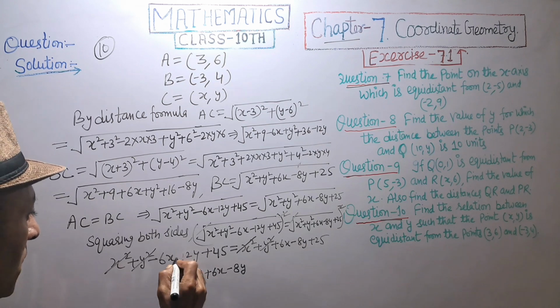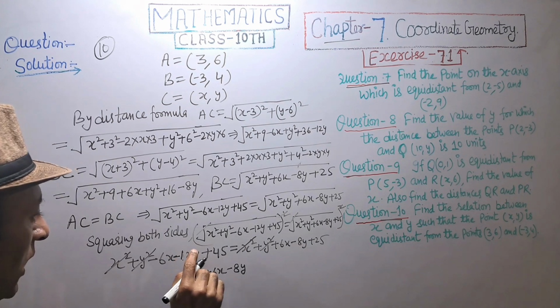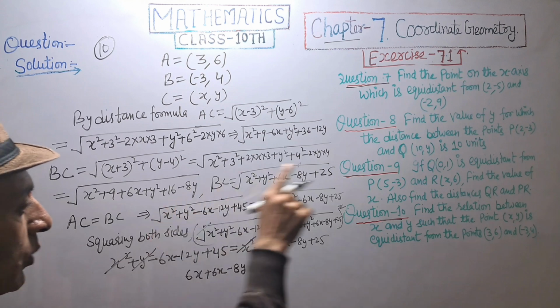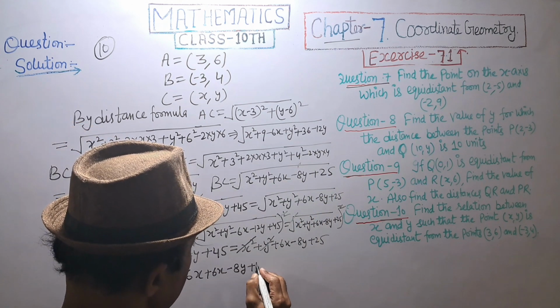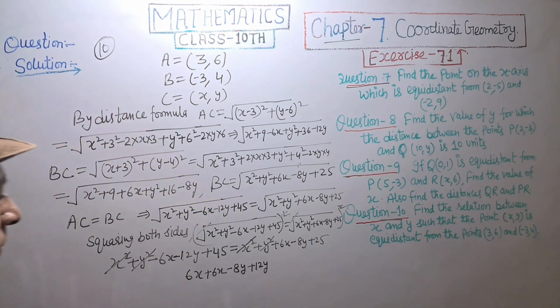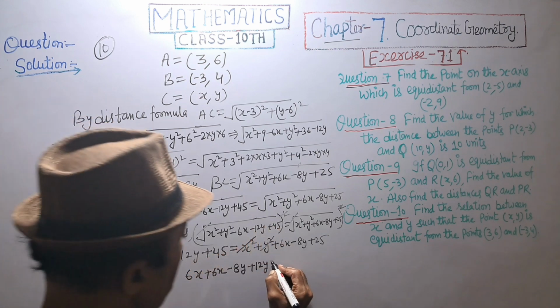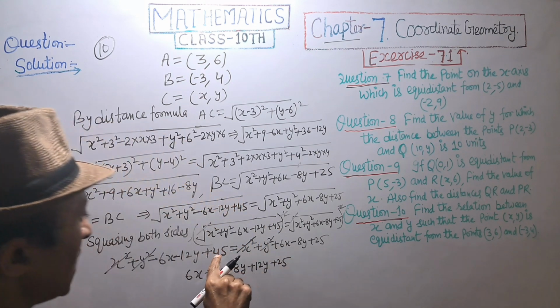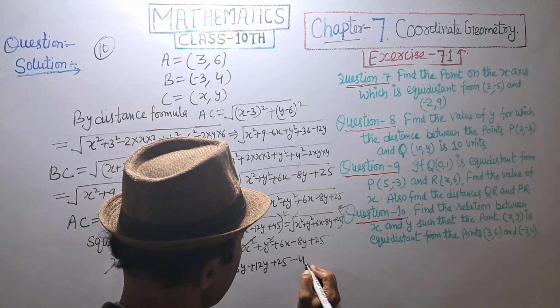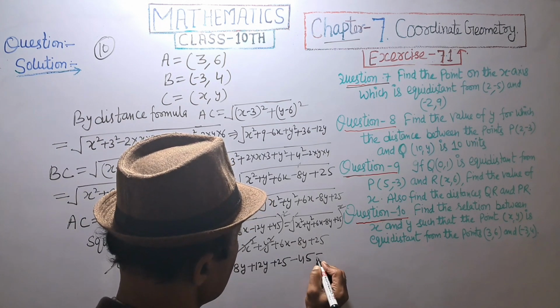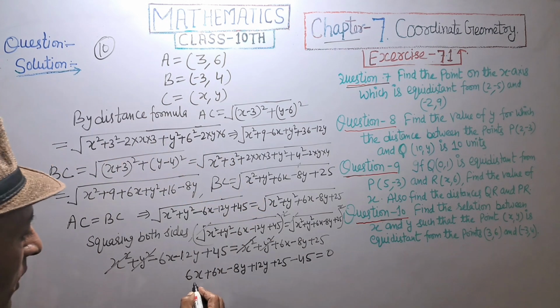Minus 12y shifts to the right side as positive 12y, and plus 25, and shifting 45 to the right side gives negative 45, equal to 0.